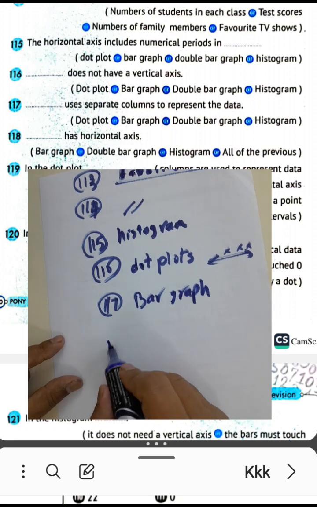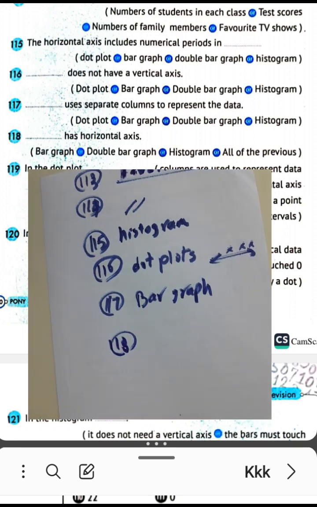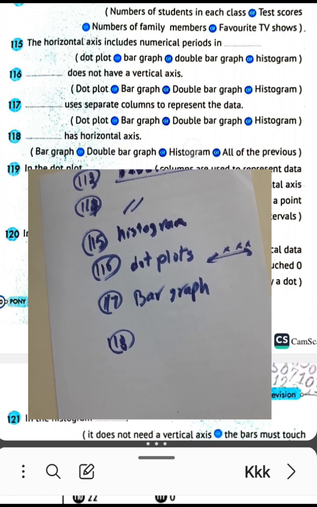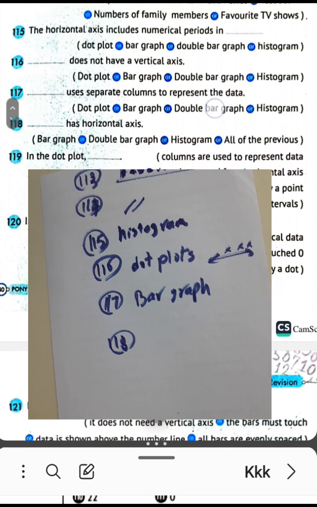Question 118, which has a horizontal axis? Bar graph, double bar graph, histogram, and all the previous. Okay, all the previous.